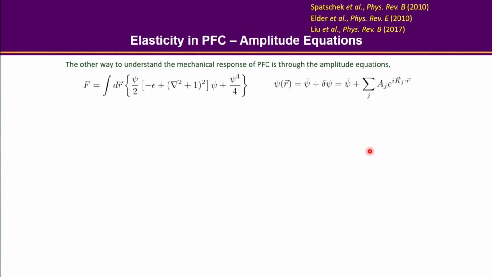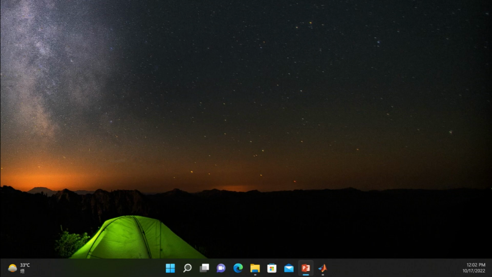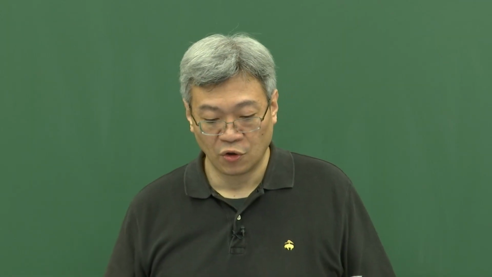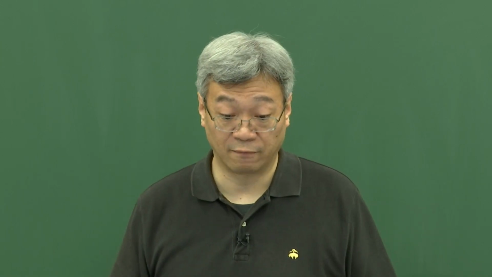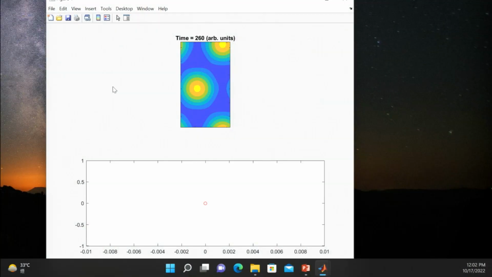But right before that, let me show you something that you can already reproduce easily in your PFC simulation, okay? So what you can do is set up a unit cell, like a 2D hexagonal lattice or BCC, anything, right? You can set up one unit cell of the desired lattice. Then here I just do an example for bulk strain.